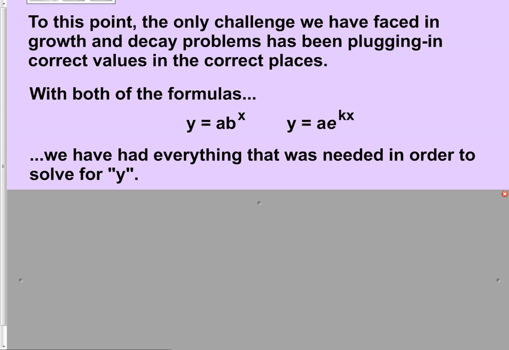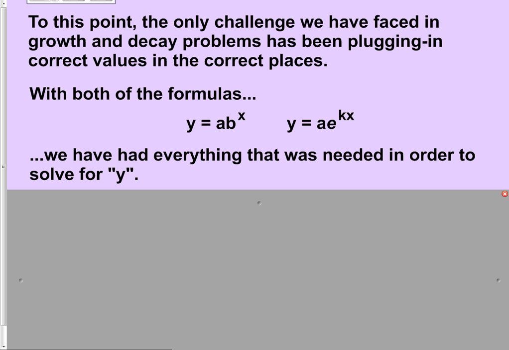Now, as I've already said, to this point, the only challenge we have faced in growth and decay problems has been plugging in correct values in the correct places. And with both of the formulas that we have looked at, the incremental formula on the left and the continuous formula on the right, we have had everything that was needed in order to solve for y.